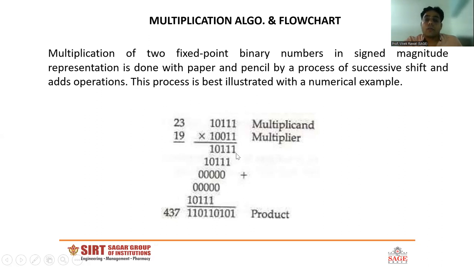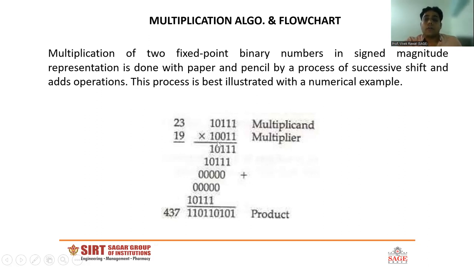Now we all know that we need to discard this bit, and this 1 multiplies with this whole number. So we got 1 0 1 1 1. We multiply this 0 to the whole number, so we got 0 0 0 0 0.